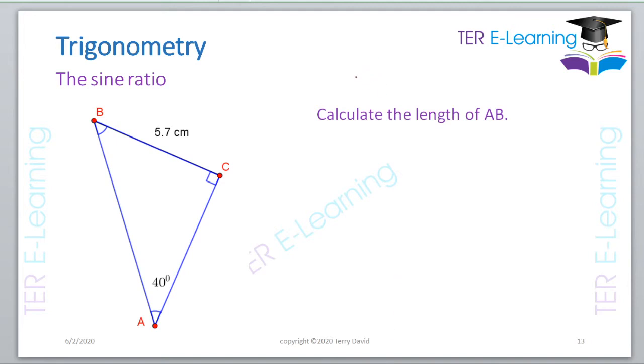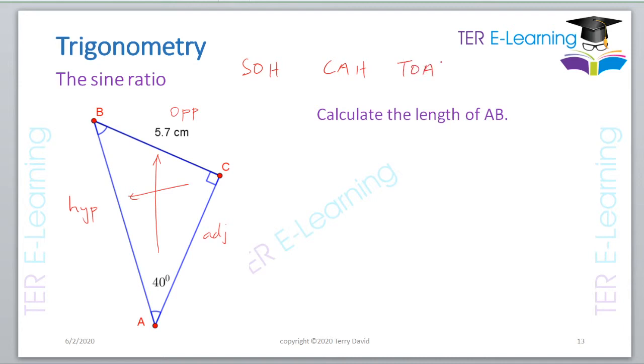So first things first, we need to label the parts of the triangle, right? This is my right angle triangle, so the side opposite the right angle is called my hypotenuse. We have 40 degrees here, so the side opposite the 40 degrees is called my opposite. Therefore this last side here is my adjacent.